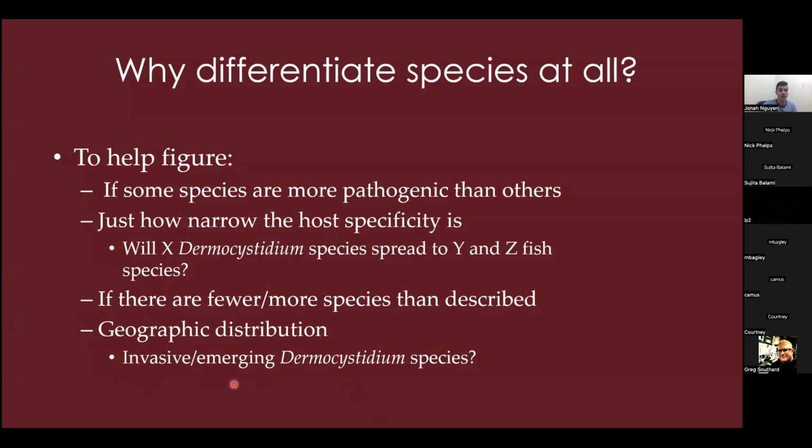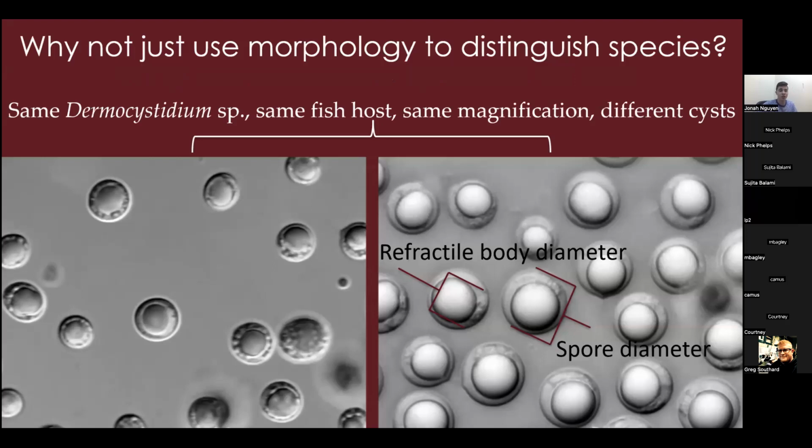So are there possibly invasive or emerging Dermocystidium species? If mine truly is the same species as the one in China infecting Chinese perch, what are the implications of that? So why not just use morphology to distinguish species?